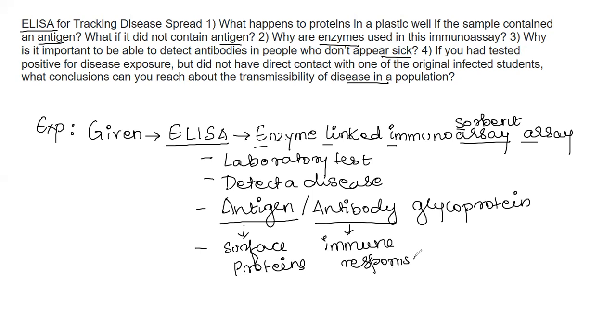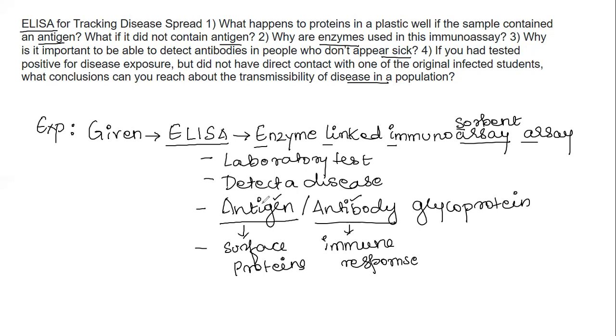The antibody produced is going to be antigen specific, and the antigen entering the body is going to be pathogen specific. Each kind of bacteria or virus has its own kind of antigen, and the antibody produced to fight it is again going to be specific.